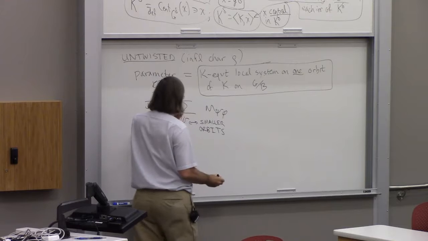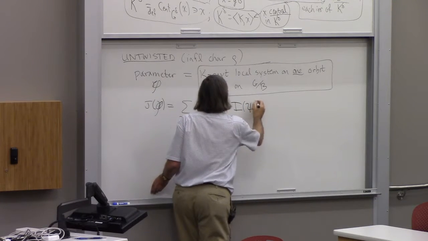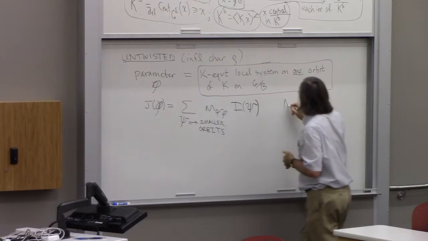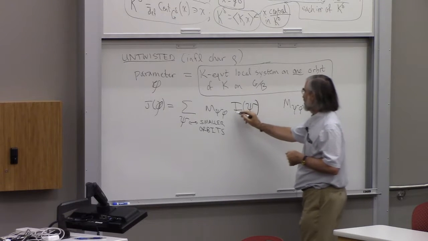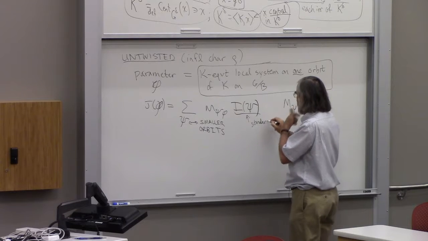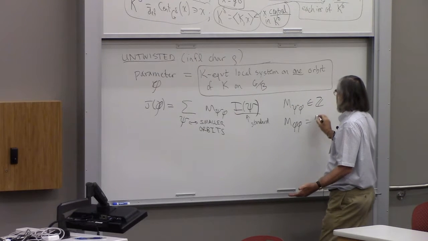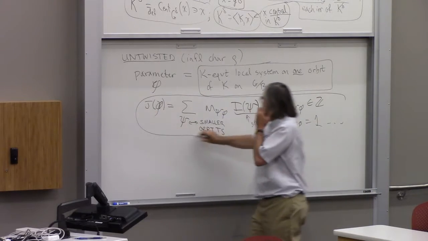I'll get the notation completely wrong. So something like this. These m psi phi are integers. These are standard modules. The m phi phi is 1. All sorts of things like this.